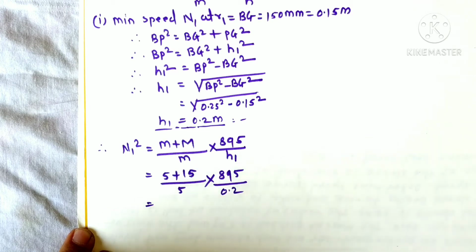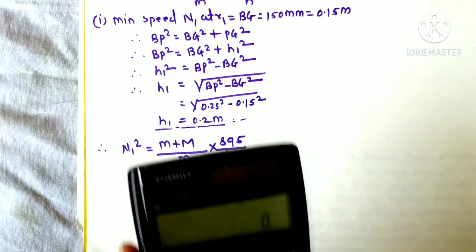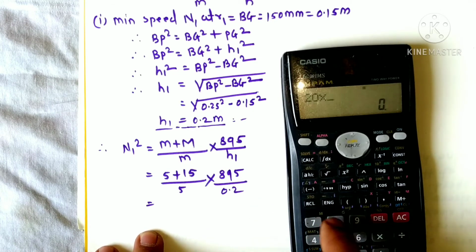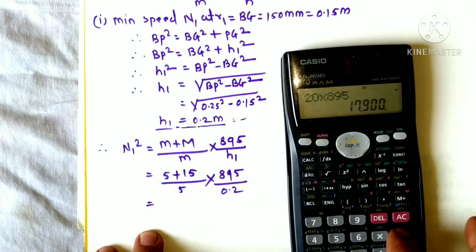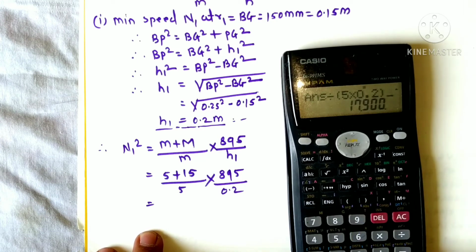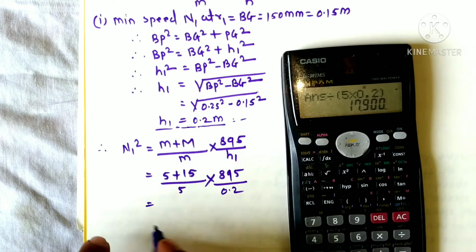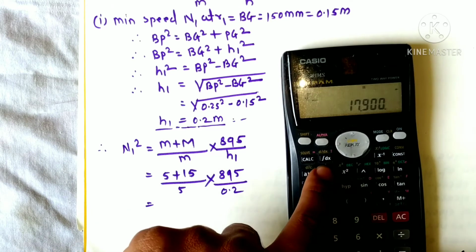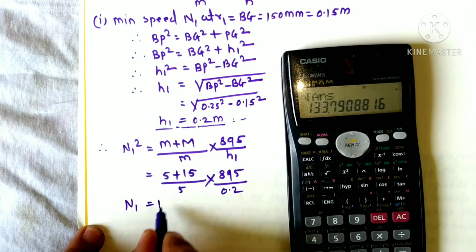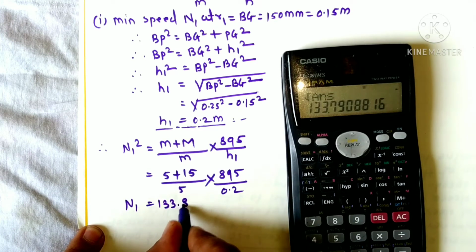So by calculating, 5 plus 15, that is 20 into 895 divided by 5 into 0.2, it will be 17900. So by taking the square root, N1 will be 133.8 RPM.